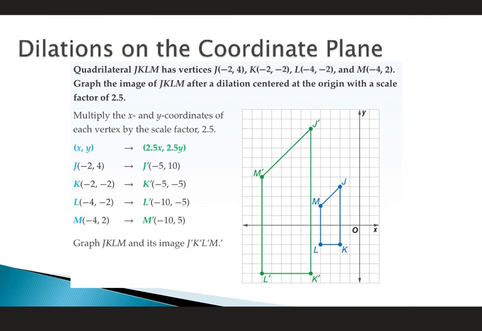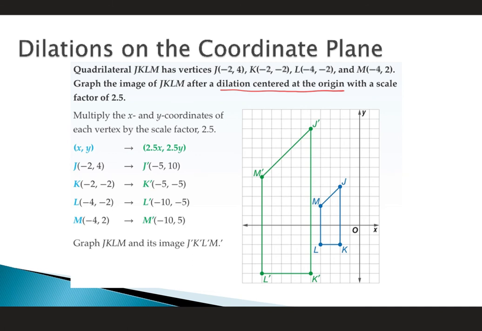This is an image that has a dilation centered at the origin. So we are allowed to use our rule and multiply the scale factor to the coordinates directly. And you can see that happen here. Point J is -2, 4. Multiply the scale factor to each individual coordinate, and then you get 5, 10. Okay, same thing down the line.